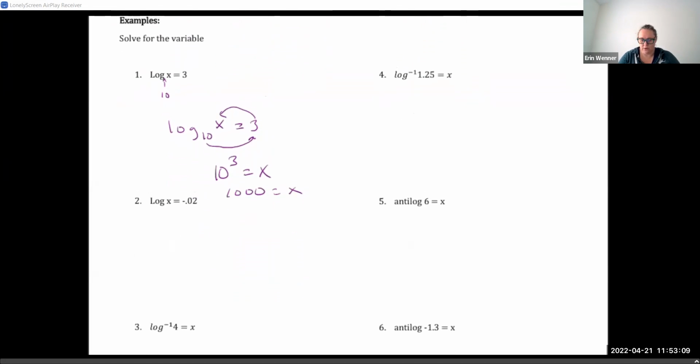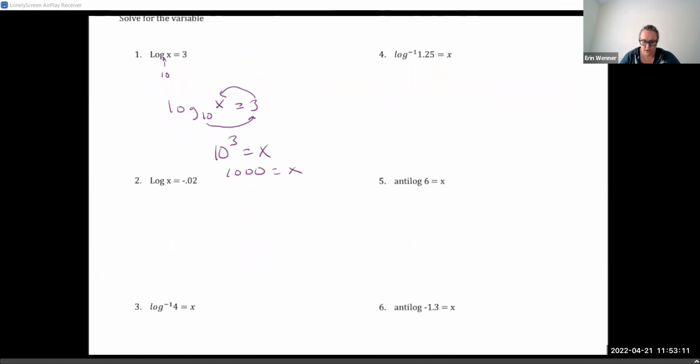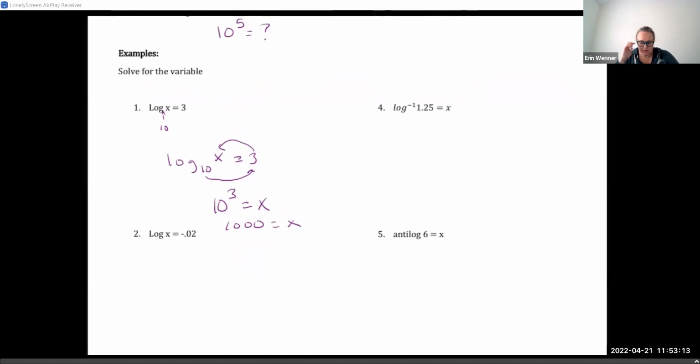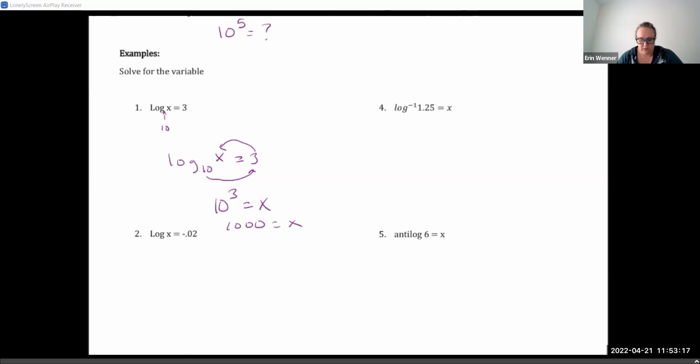Okay, we're ignoring the second column. We're just going to focus on number 2. So it says log of x equals negative 0.02.